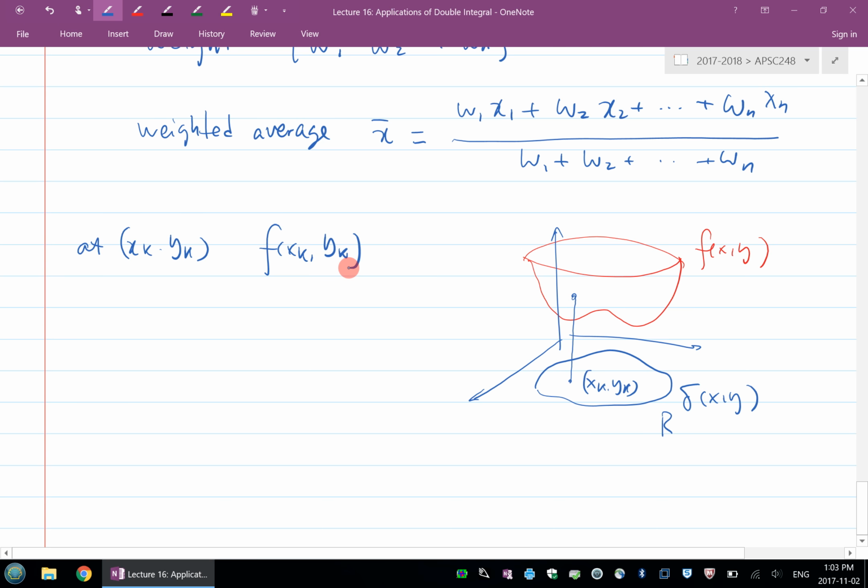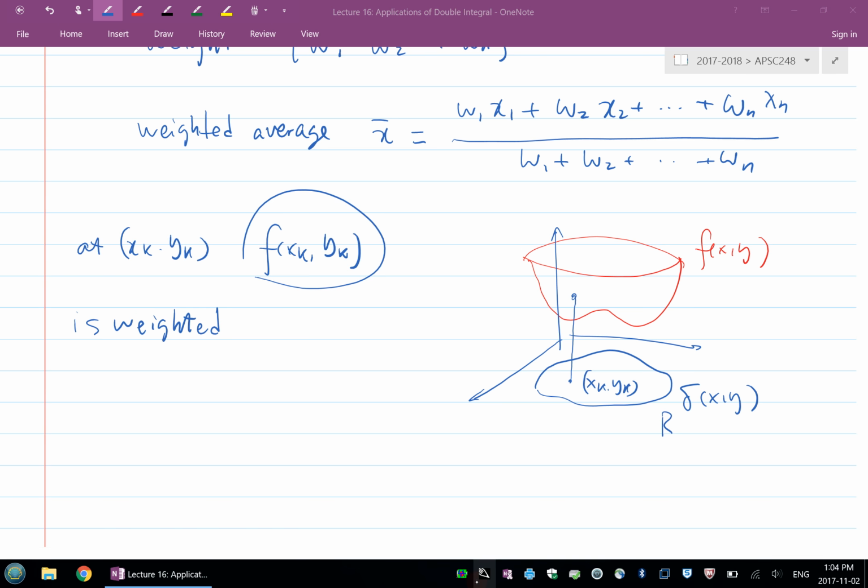Now this value is a data point, and this point is weighted by something else. In this case, it's weighted by the density here, the delta function.